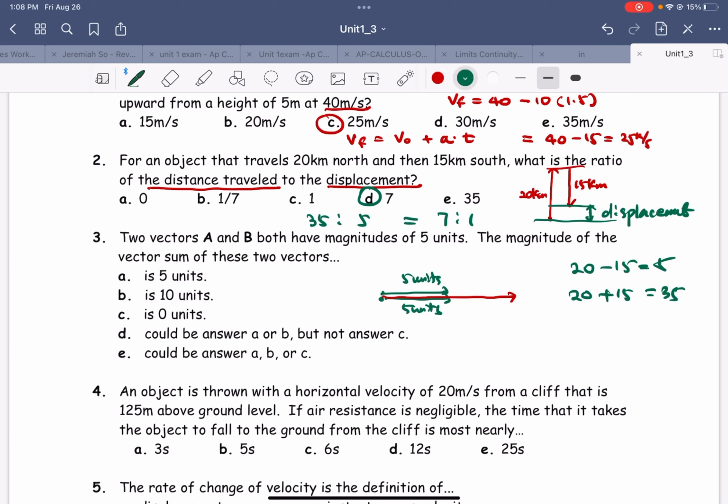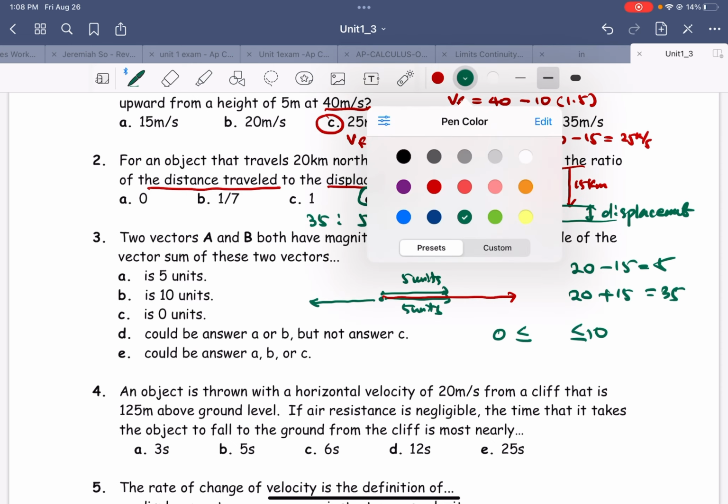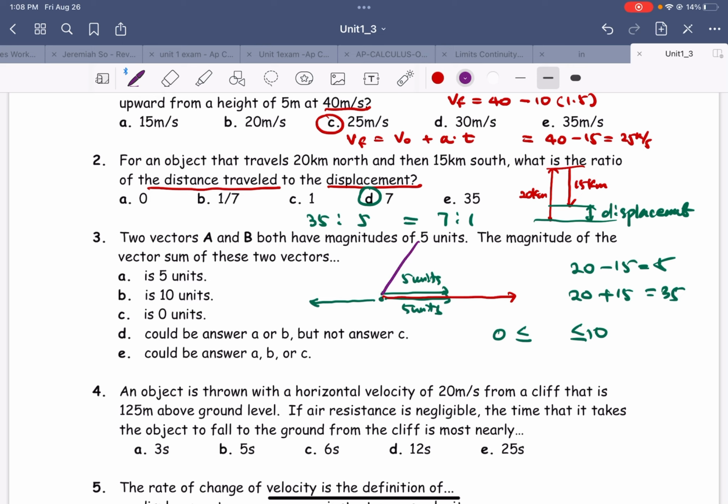But what if the other one is in exactly the opposite direction, okay? Then their sum is 0 basically, right? So it could be 0 or it could be 10, okay? If it's the opposite direction, it could be 0, but in the same direction, it could be 10. And any value is possible between there because if you have, let's say, some angle, then the sum of the vectors is always their diagonal, okay?